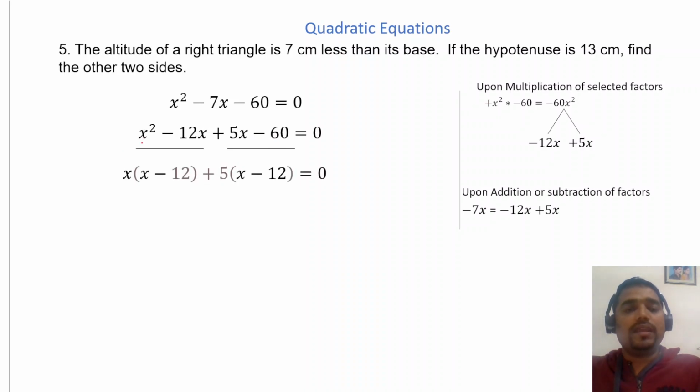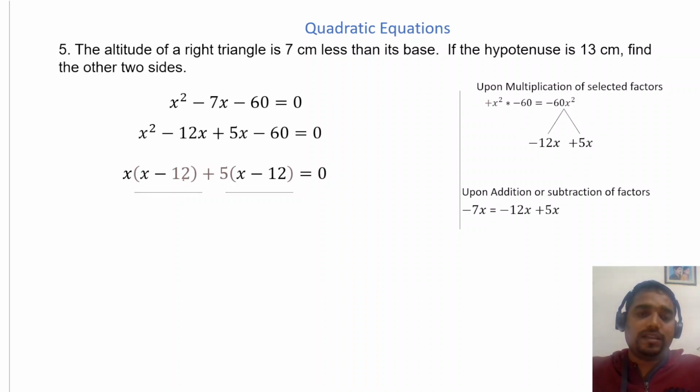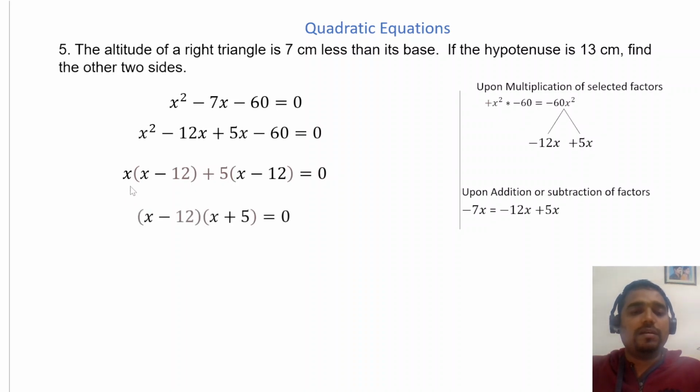Upon taking x common out of x square and 12x, x is left from x square and minus 12 is left. Similarly, taking plus 5 common from 5x and minus 60, x is left and minus 12. Now we see that (x minus 12) is common between the two terms. If x minus 12 is taken common from the first term, x is left, and also plus 5 is left.